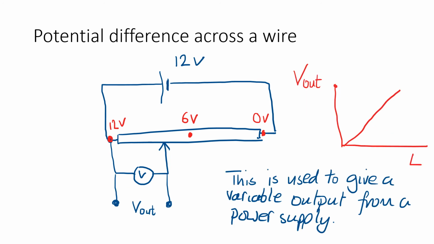So we could use this setup to give us a variable output from a power supply. So let's say we had a power supply with a maximum output of 12 volts.